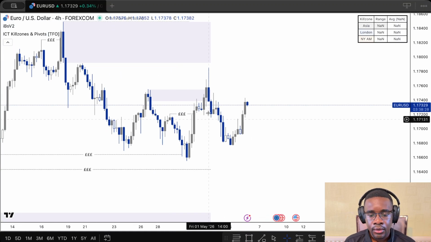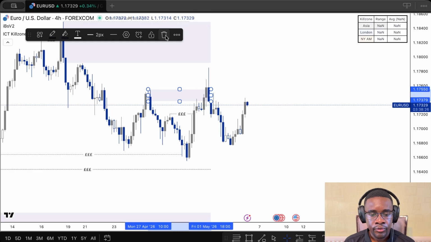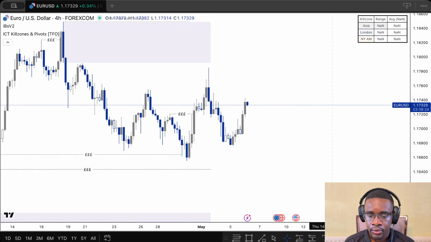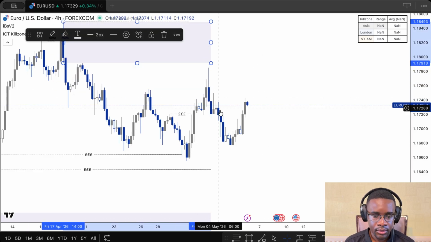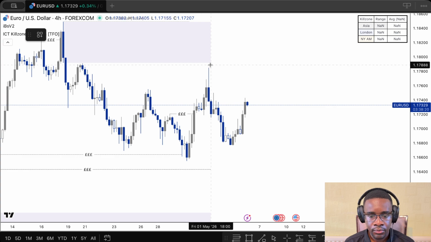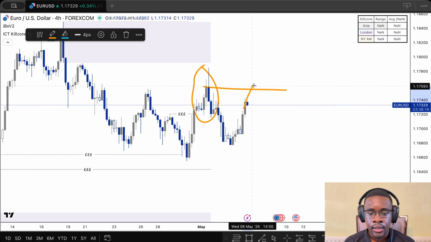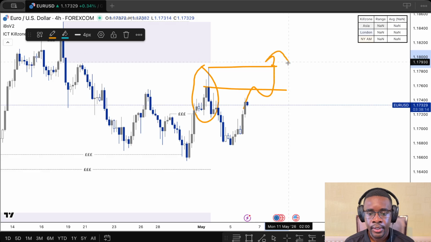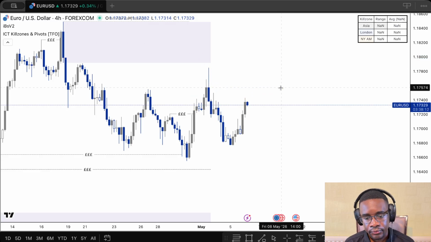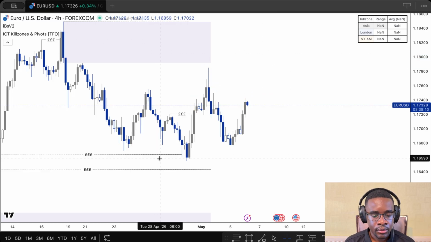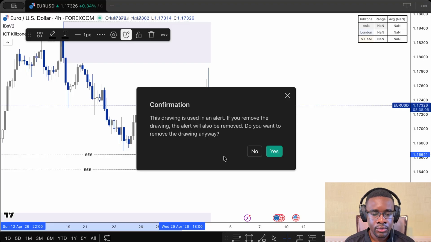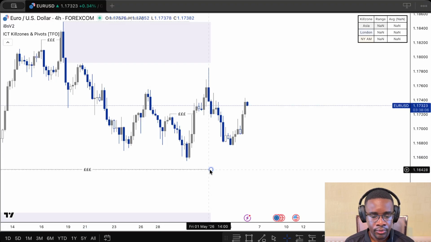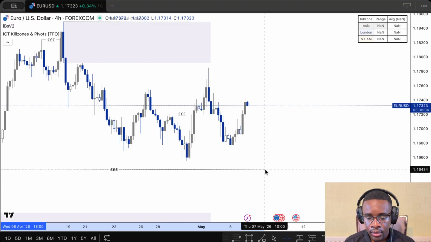So failed to make a lower low, which makes this a weak area, and price is likely to breach this area and go on to make a higher high. So this is no longer relevant.